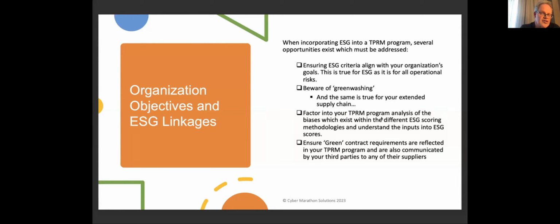Another factor is, depending on your company's position on ESG, you may need to ensure in your third-party contracts that green contract provisions are integrated in there, which align with whatever your company's practices are around ESG. This is an important consideration that you need to take into account as you move forward.